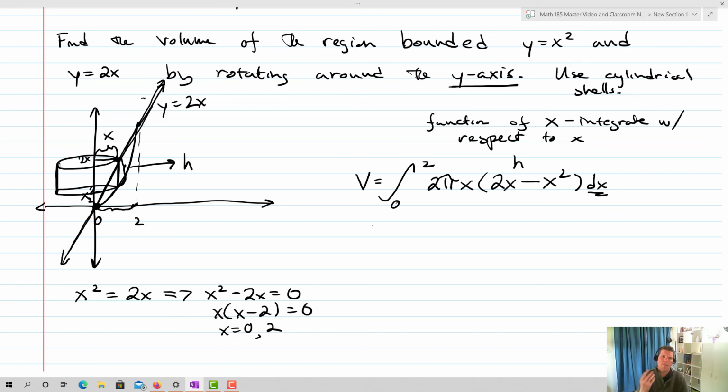If you're revolving around the y-axis, you're going to integrate with respect to x and find functions of x. If you're revolving around the x-axis, then you're going to do the opposite: use functions of y and integrate with respect to y. Then the trick is to find the value of f of x or f of y, which is the height of each individual cylinder.